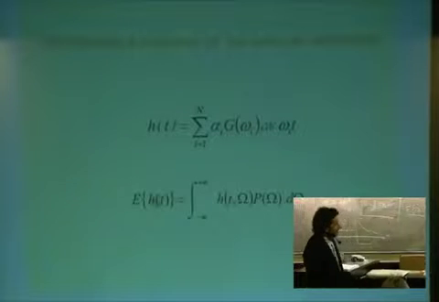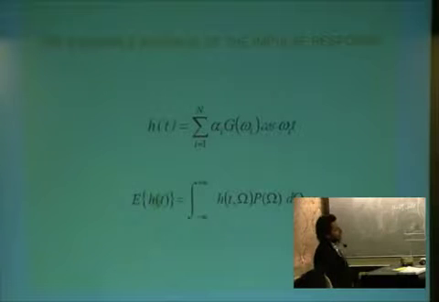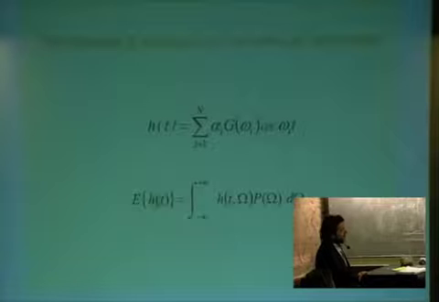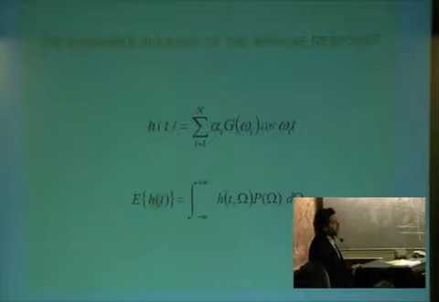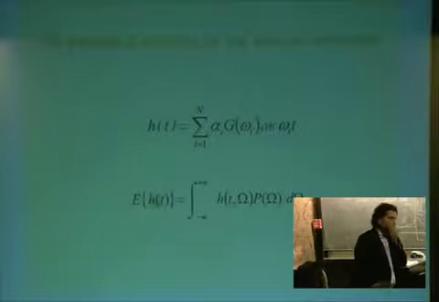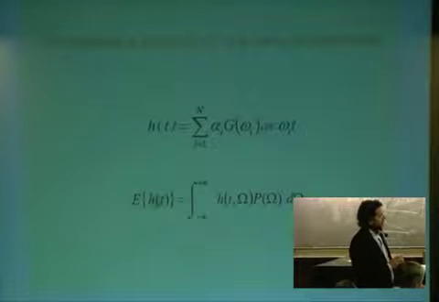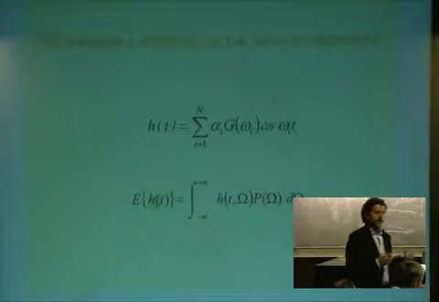But suppose that now you have that the omega I are random functions. So I can reasonably associate to this the ensemble average for the impulse response function. So I can consider a sort of population of systems. They are differently equipped with natural frequencies.